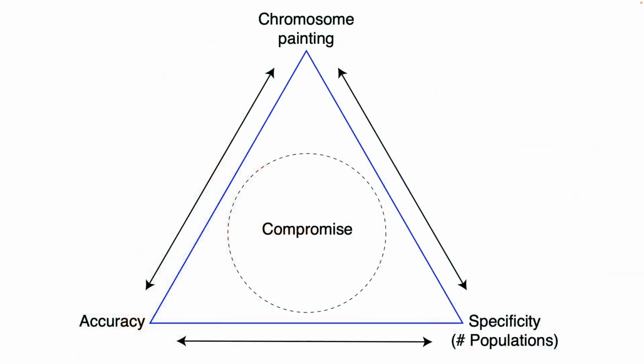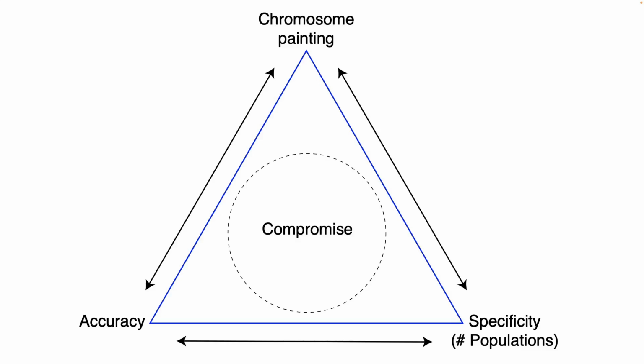All right. So now that you have a taste of human population structure and how we choose our reference populations, let's dive into the purpose and the goals of myOrigins 3. There's a trade-off between accuracy and the number of populations, or specificity. If you include more populations, then each pop has more genetic overlap with neighboring populations, which lowers the accuracy. Also, to include a chromosome painting, there's another trade-off.